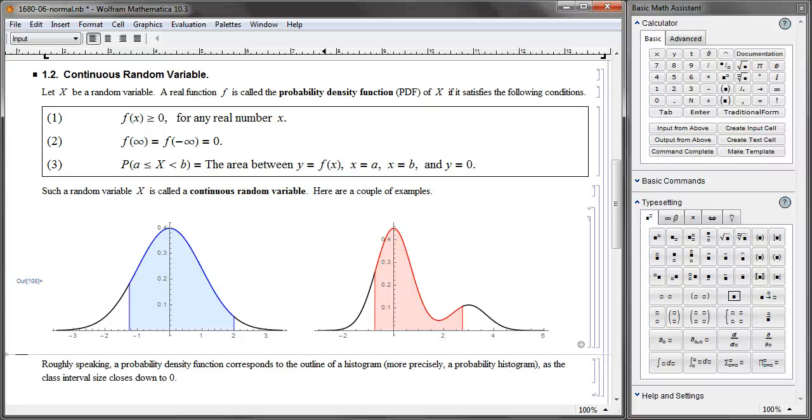And number 3, the probability that the random variable takes a value between a and b is given by the area of a certain region underneath y equals f(x), the graph, above the x-axis, y equals 0, and between two vertical lines, x equals a and x equals b, kind of like this blue region here, or the red region over there. That area corresponds to the probability.